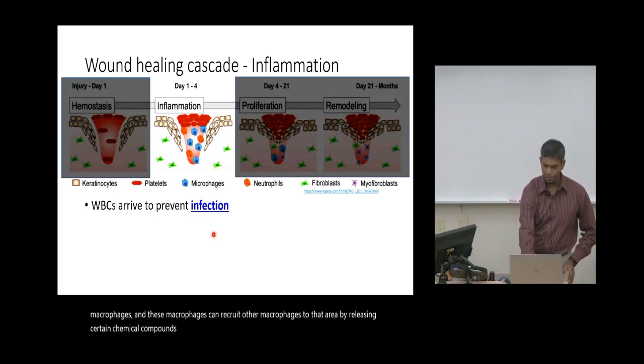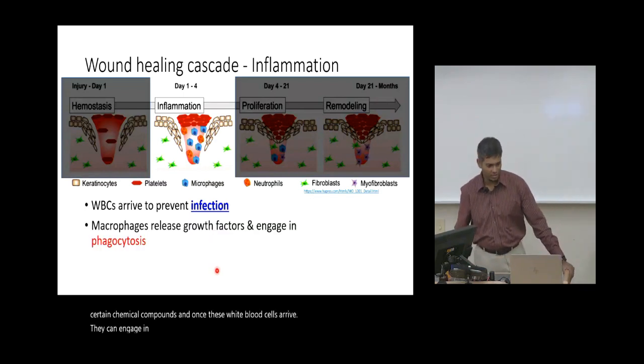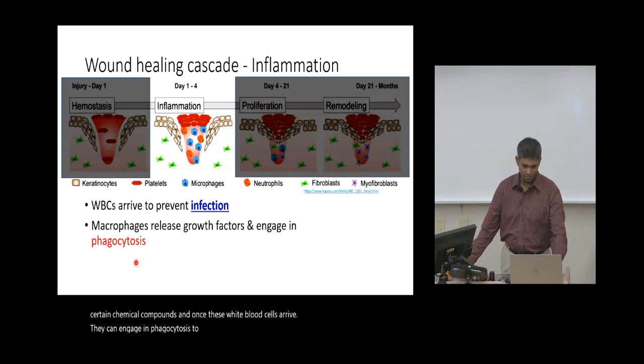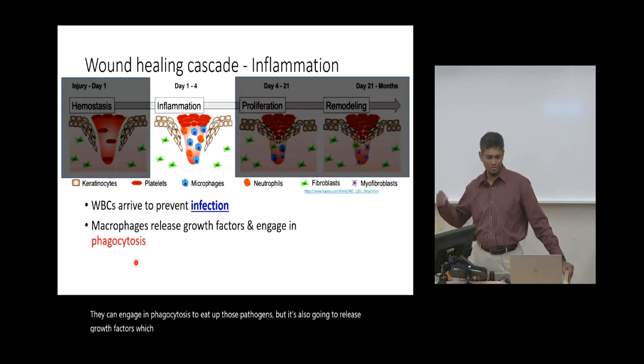Once these white blood cells arrive, they can engage in phagocytosis to eat up those pathogens, but they also release growth factors, which will lead to step 3, which is proliferation.